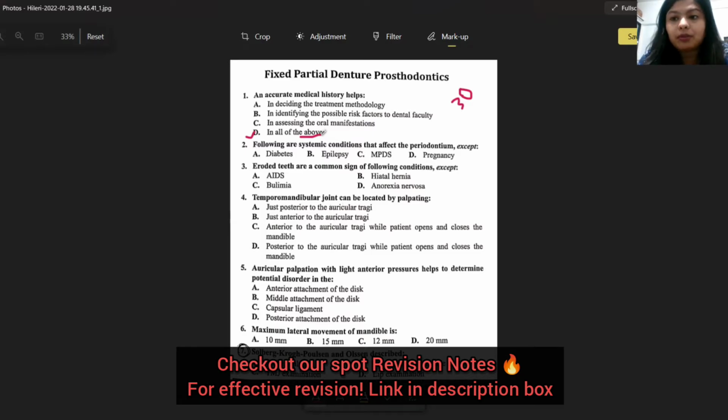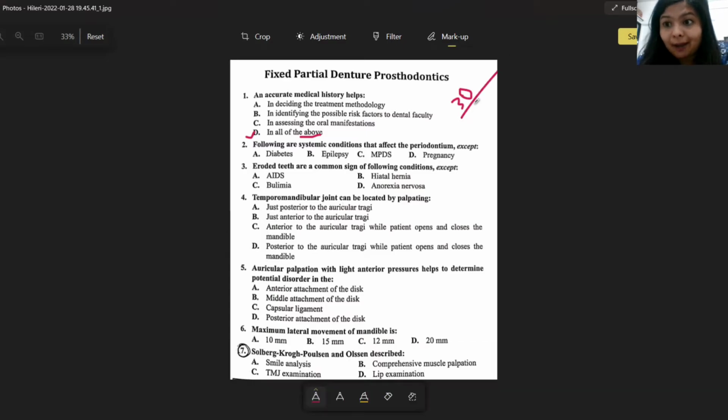It might get trickier when they add both none of the above and all of the above as options, so read the question and answers properly. But the first thing I want to say is that in the first 30 minutes of your paper, you just attempt the MCQs which are very direct and where you have no doubt, like our first MCQ.